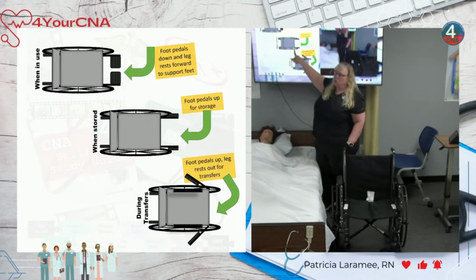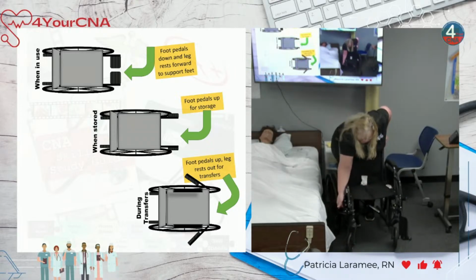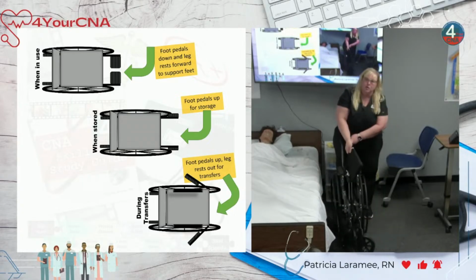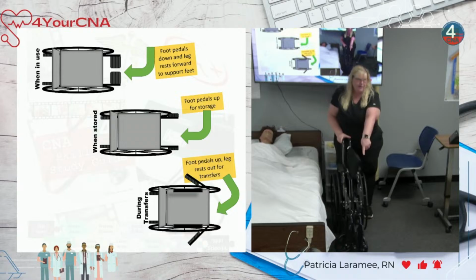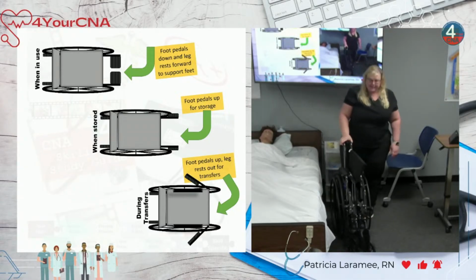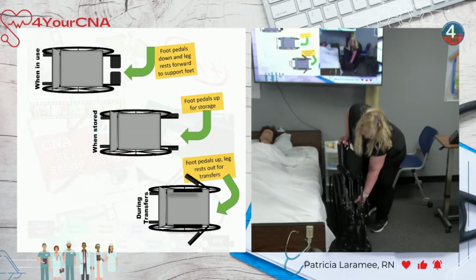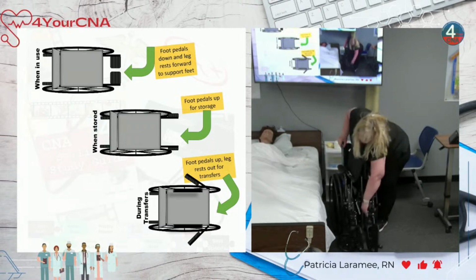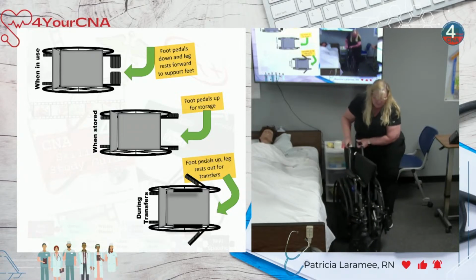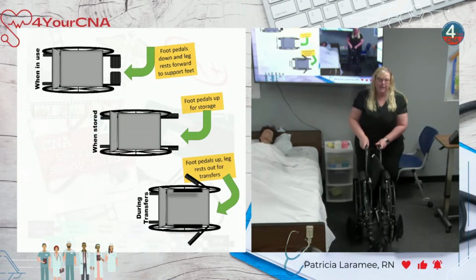When it's being stored, if I'm going to pull up on this seat to store the wheelchair, see how the leg rests are forward? Okay, leg rests are forward. The reason is if I just have these leg rests loose like this, when I'm moving this thing, those leg rests will fly and I can risk hurting somebody.